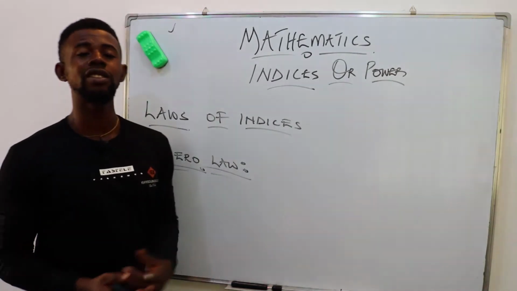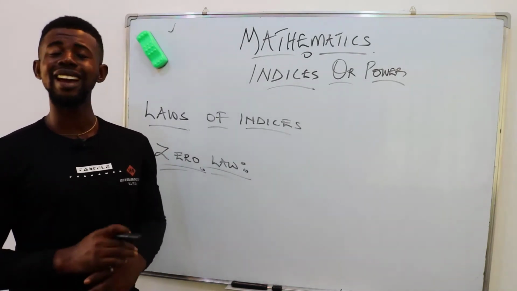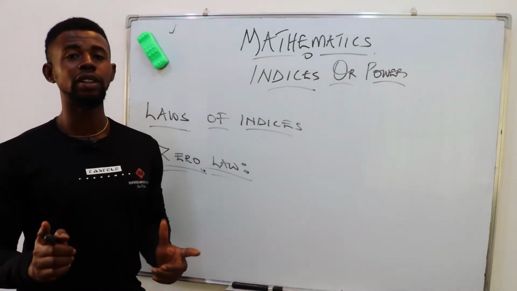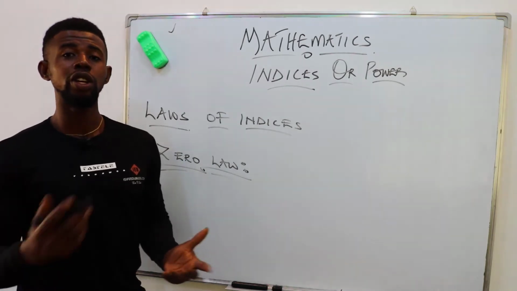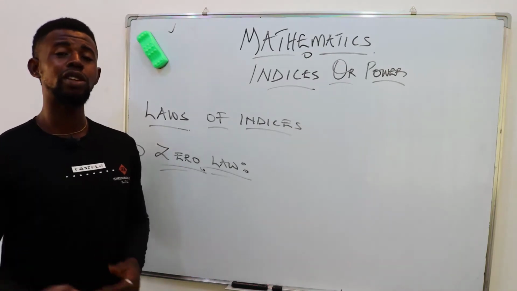Zero law of indices. What is zero law of indices all about? This law tells us that anything in mathematics that is raised to the power of 0 is 1. So it means that 1 raised to the power 0 is 1, 2 raised to the power 0 is 1, 10 raised to the power 0 is 1, 100 raised to the power 0 is 1.